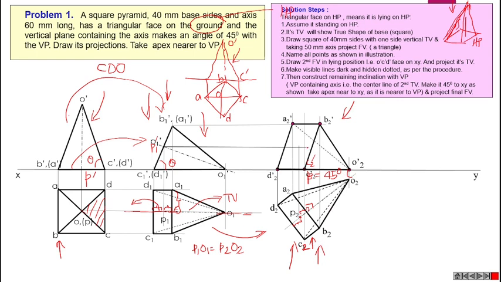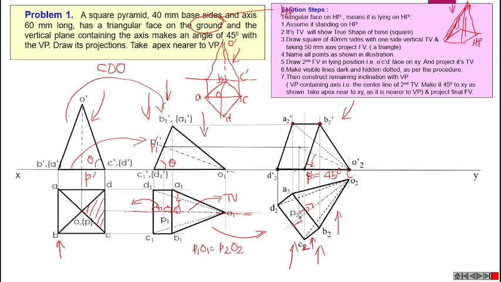Then finally, the slant height A2, O2 is not visible in front view, or these visual rays can't touch that slant height, so we can represent that edge in broken line.